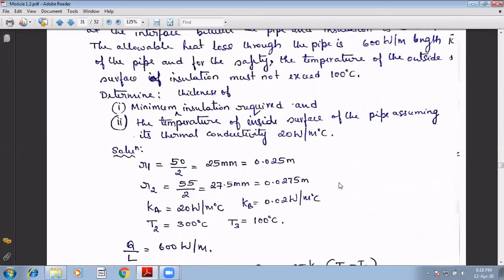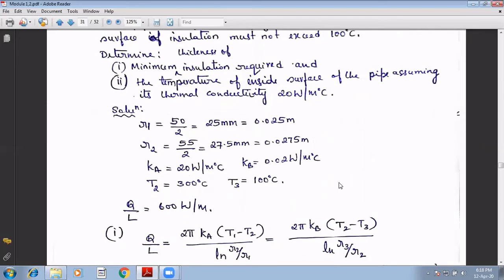Now this is a pipe having an inner diameter of 50 mm and an outer diameter of 55 mm. If you consider the radius, that becomes 0.025 meter and 0.0275 meter. So K corresponding to the pipe material.